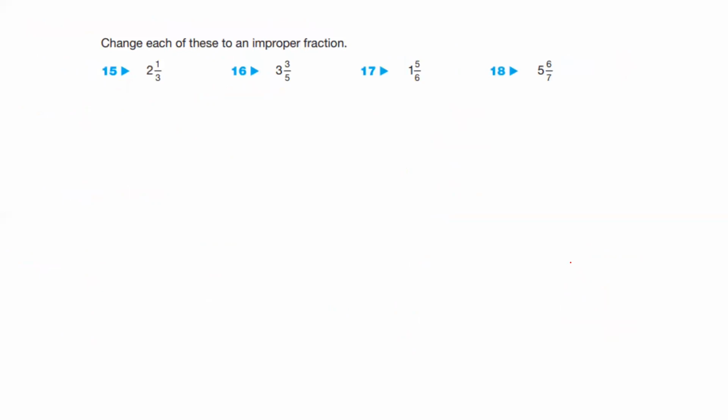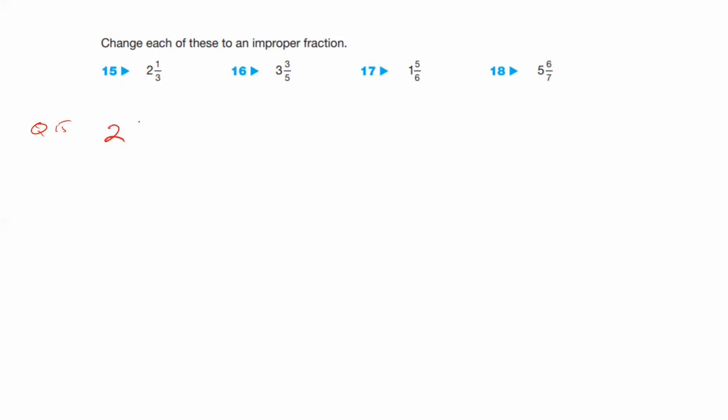So now we come down. Question 15. Change each of these to an improper fraction. An improper fraction is a fraction in which the numerator is greater than the denominator. All the time the mixed number will be converted into an improper fraction. It cannot be converted into a proper fraction.